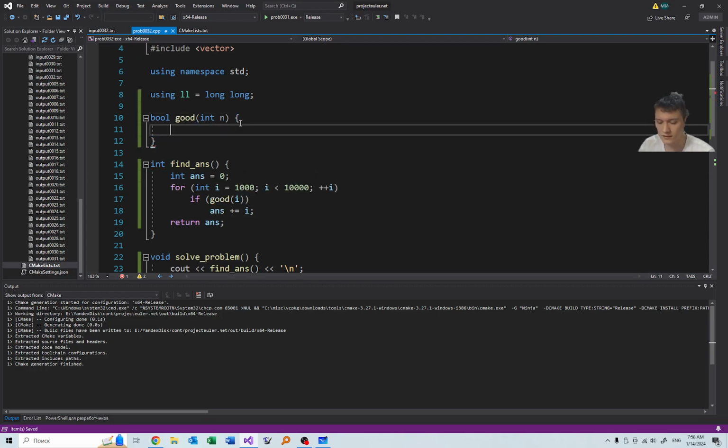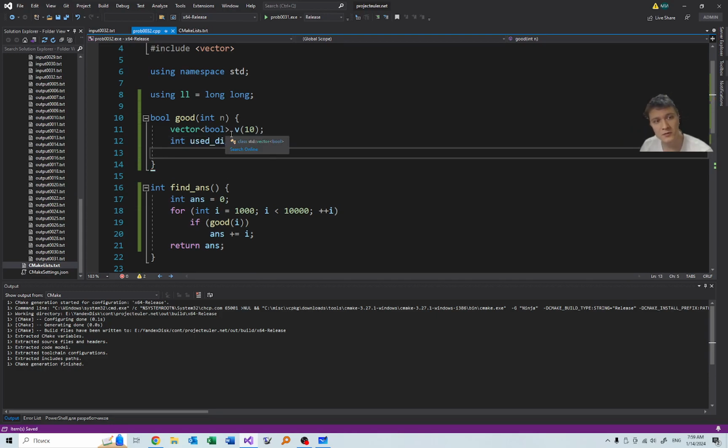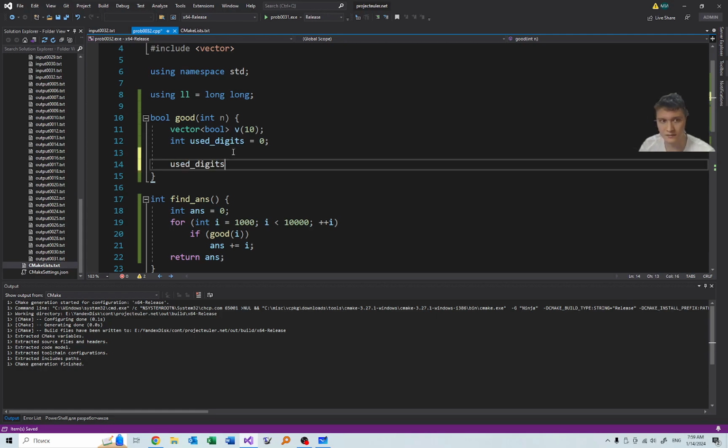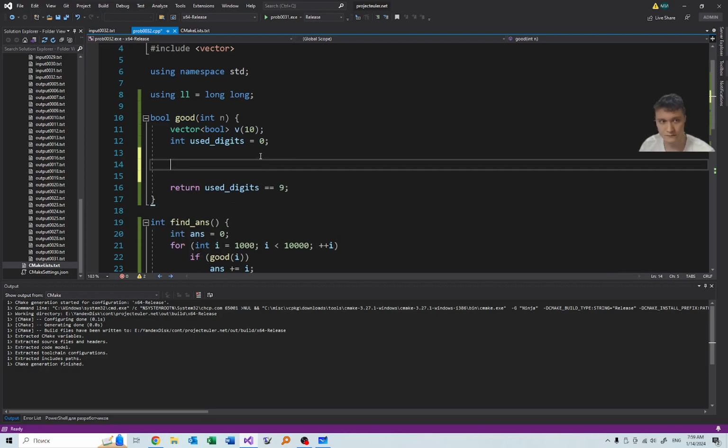So to do that, let's make some vector of booleans of size 10 and int used digits equals 0. We wanted to get to the 9, so we return whether it is 9. First of all, we need to check all digits which are in n itself.